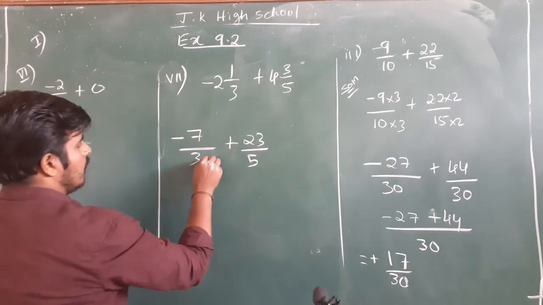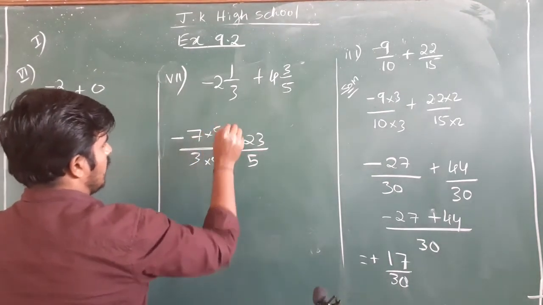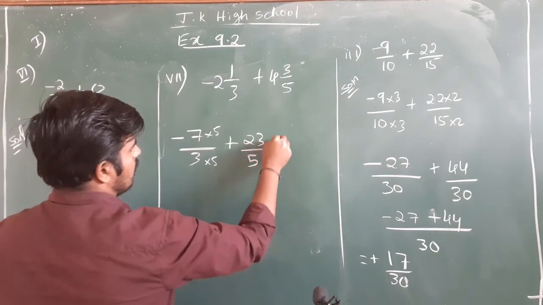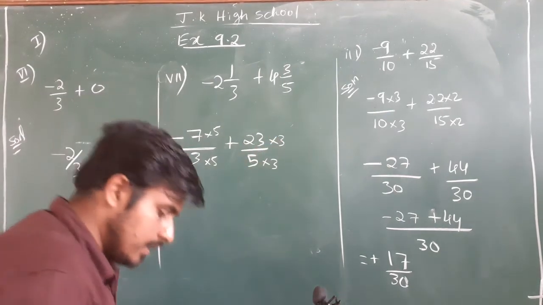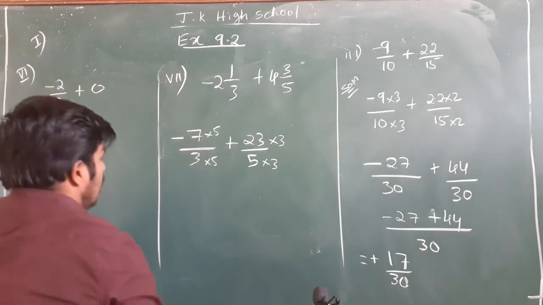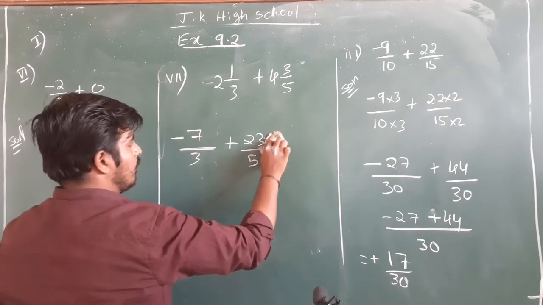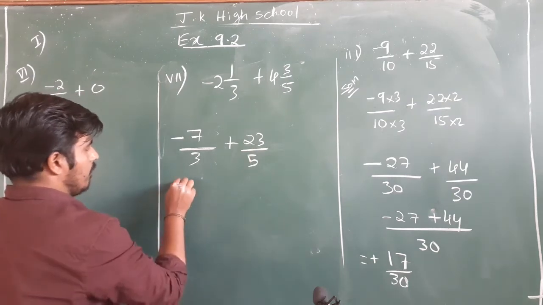So what I will do, I will multiply 5 here, and I will multiply the same 3 here. I will take this into equating of these numbers in the next step. Okay, this might confuse you.